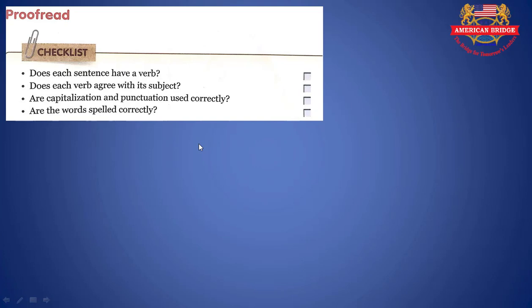Number three is whether capitalization and punctuation are used correctly. When you finish a sentence, finish with a full stop, and sometimes you use an exclamation mark. The beginning of the sentence should start with a big letter, so we call it capitalization.